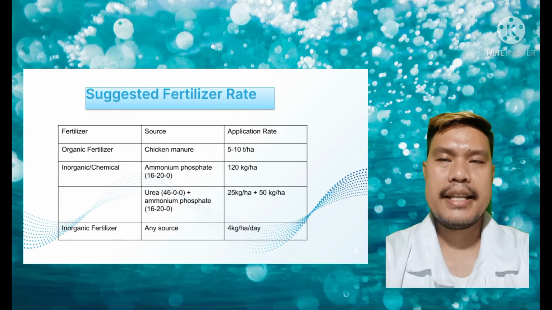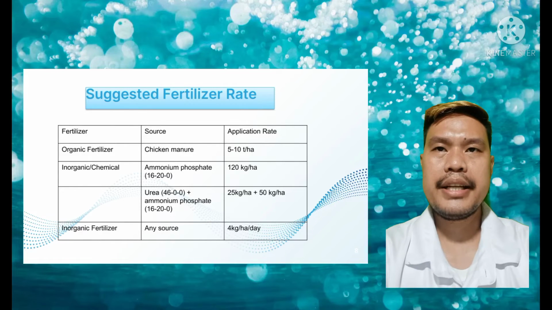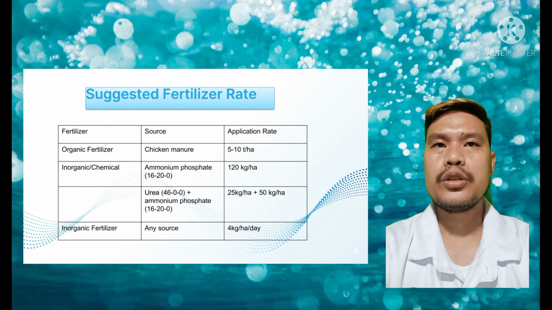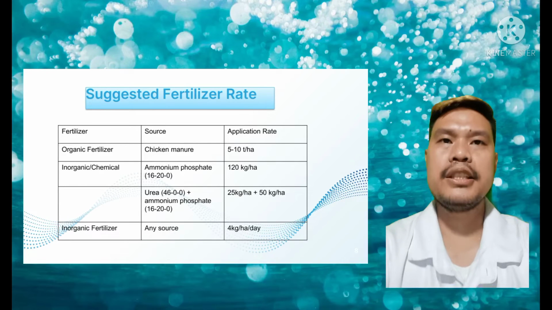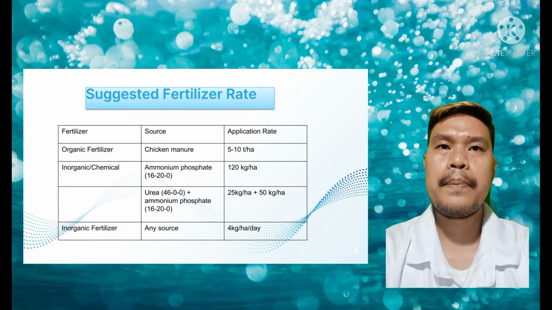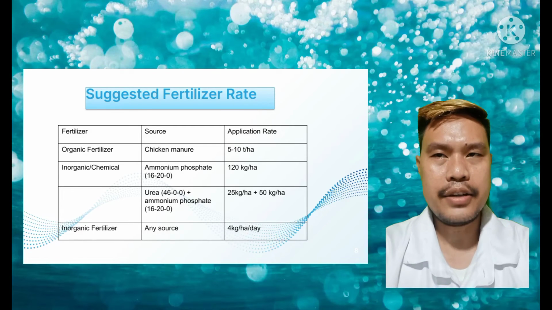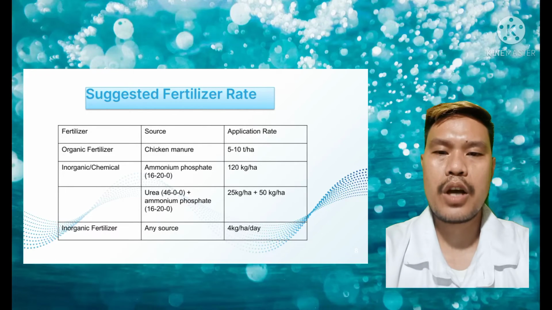For inorganic or chemical fertilizer, ammonium phosphate, and urea plus ammonium phosphate, the application rate for the ammonium phosphate is 120 kilogram per hectare, and for the urea plus ammonium phosphate, 25 kilogram per hectare plus 50 kilogram per hectare. And for inorganic fertilizer, it's stated here any source for about 4 kilogram per hectare per day.